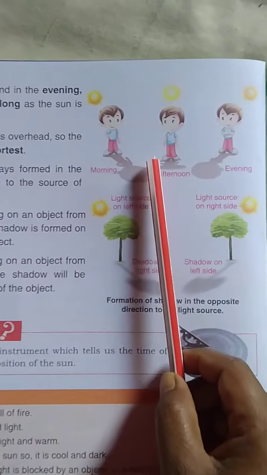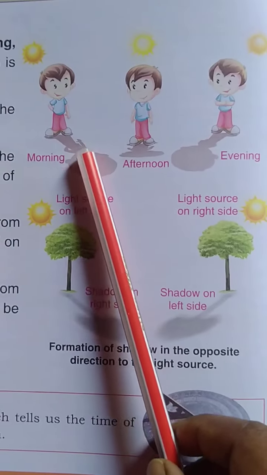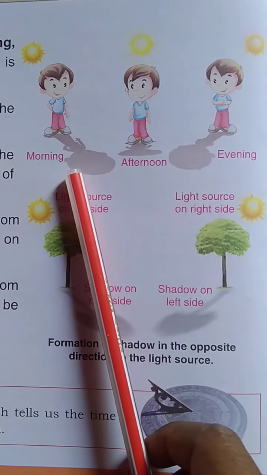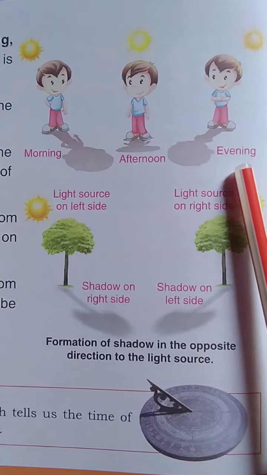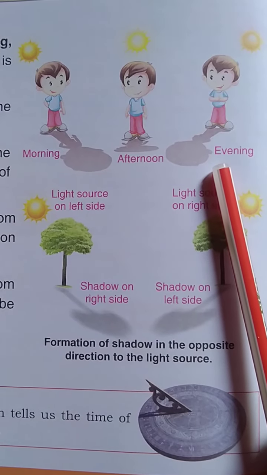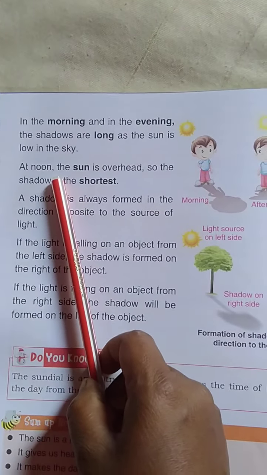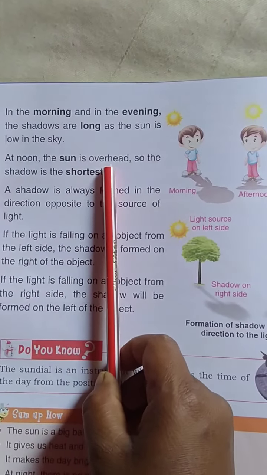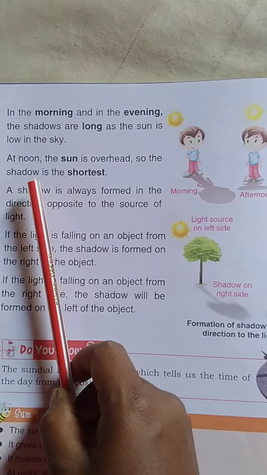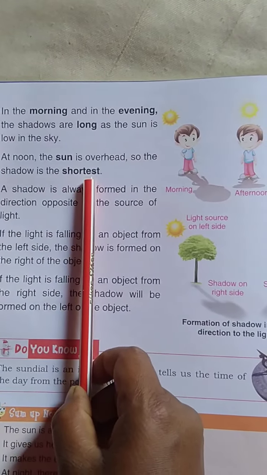See the picture. In the morning, the shadow is long, and in the evening also the shadow is long. At noon, the sun is overhead, so the shadow is the shortest.